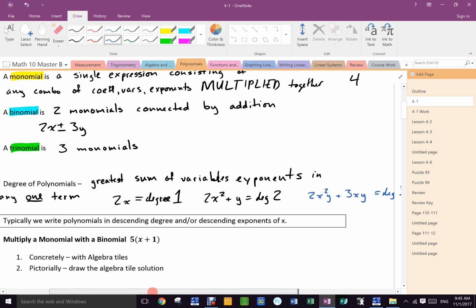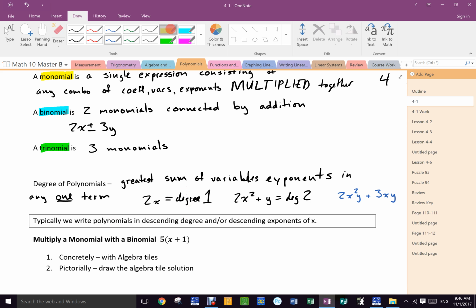And the only reason we care about it is because later in life, when we write big polynomials, we write them out in descending degree. So the biggest degree goes first. And we write it alphabetically. So if there's an a cubed in your polynomial somewhere, that term is going to be first when you write your final answer. If you have a teacher that really, really cares. Since it's the first you're seeing of it, will I really, really care? No. Everybody cool? All right.